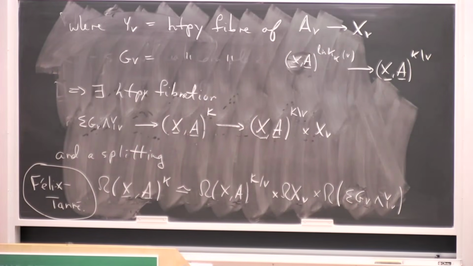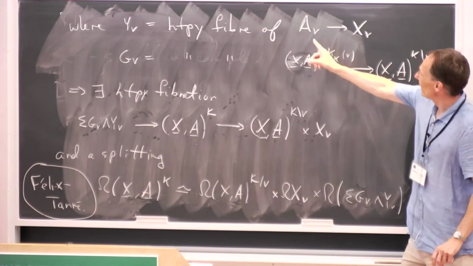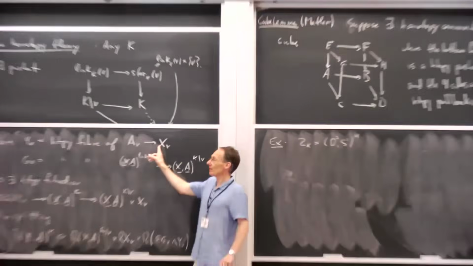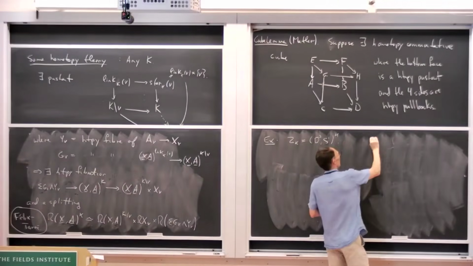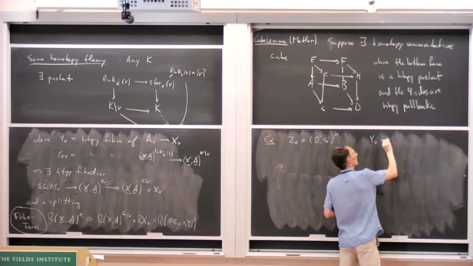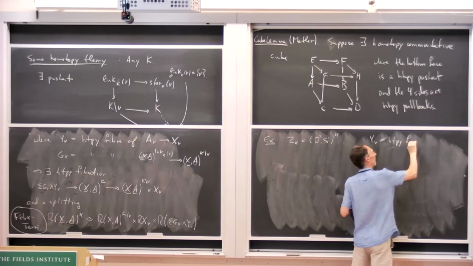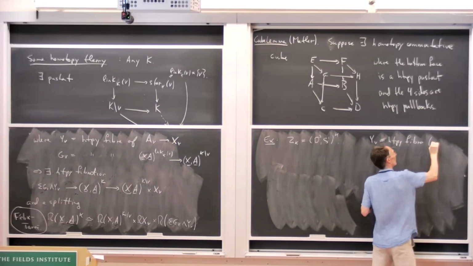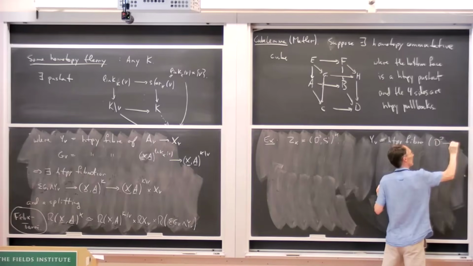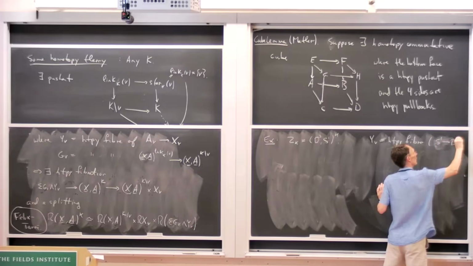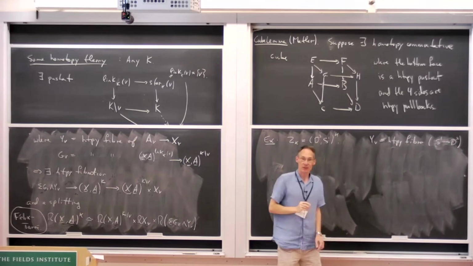The interesting bit is here: the homotopy fiber of the A into the X, which in this case would be the homotopy fiber of the circle into the disk. And that'll be just a copy of the circle.